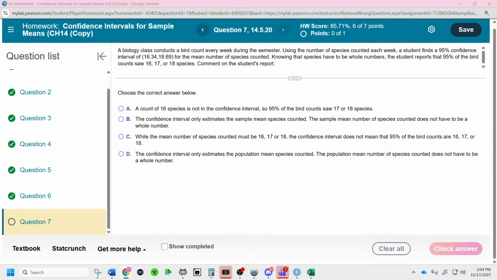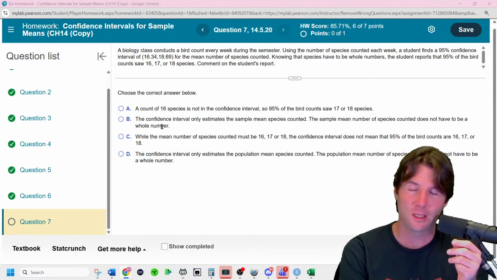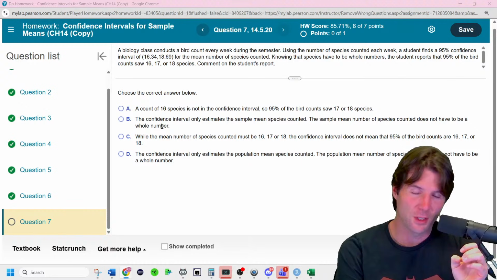4803, Stat 201. Chapter 14, homework, question 7. A biology class looks at the birds and figures out that on average there are 16.34 to 18.69 bird species seen. Someone gets mad and says, well, you can't do singular species of birds. There's either 16, 17, or 18. That's not what an average is.